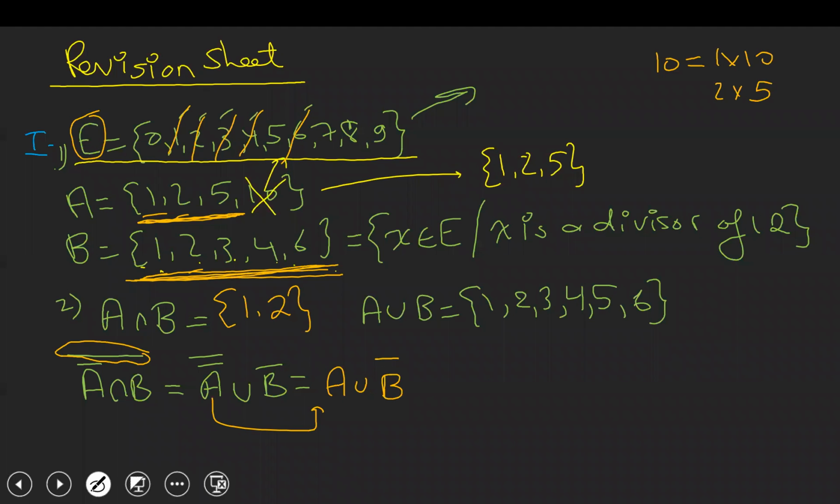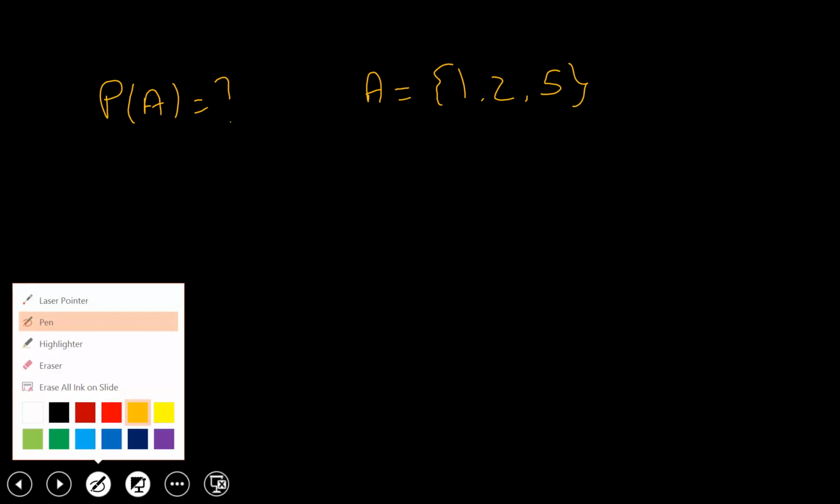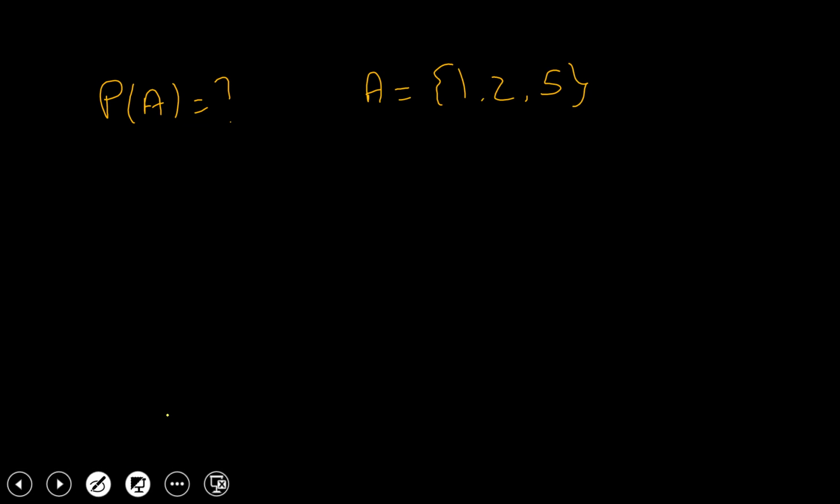Now we go back to the parts of A finally in this question. What are the parts of A? We know that A is 1 2 5. What are all the subsets of A? Let's list them together. First of all, we have the empty set.